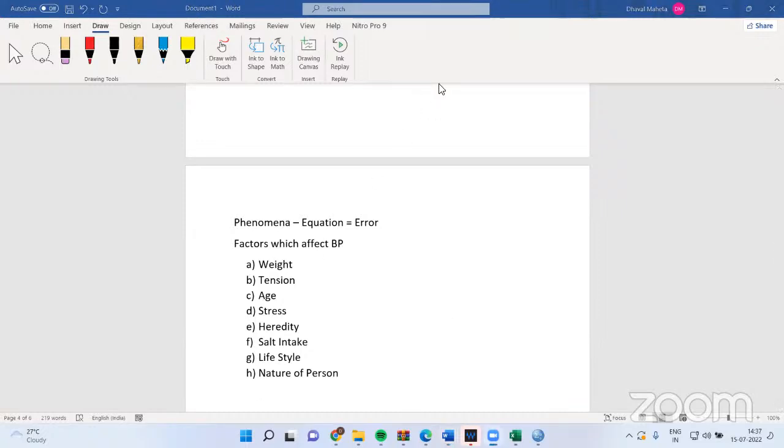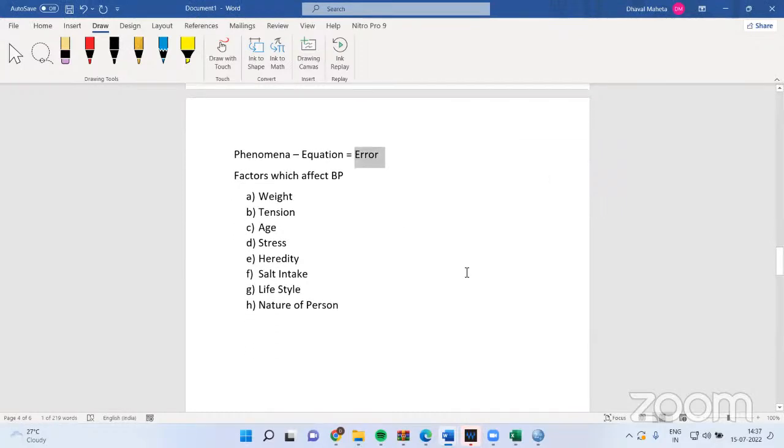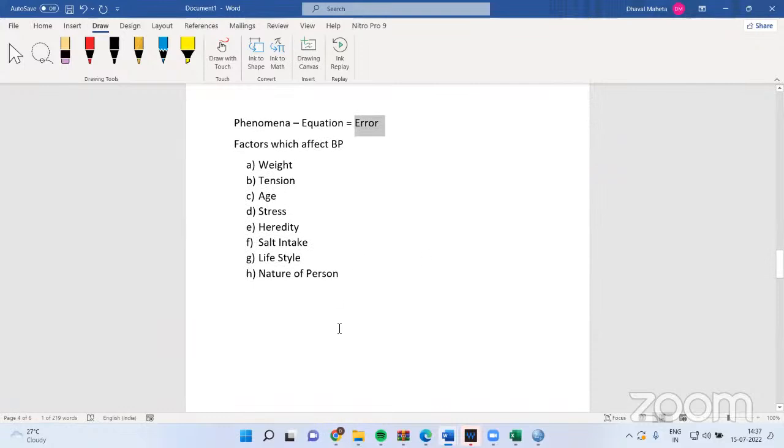Now, why is there always an error in the model? I'll try to explain this thing. There are some variables which, if they are measured anywhere, will remain constant.